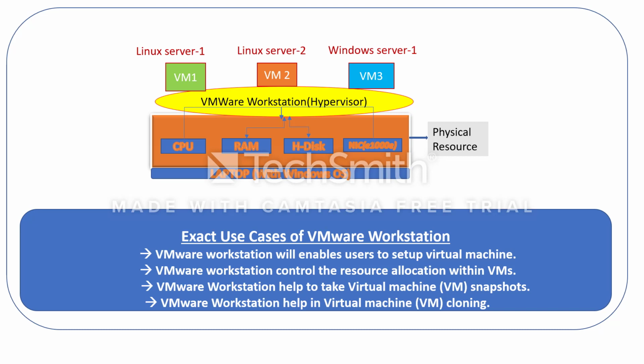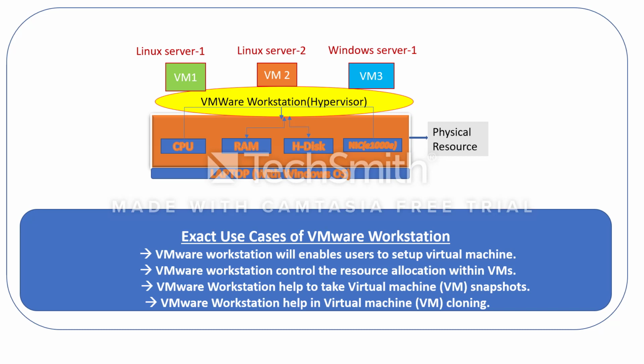So the answer is we cannot install various operating system on a physical machine or any laptop until you don't have any hypervisor. Here VMware Workstation is a hypervisor which is type 2 hypervisor. Don't worry, I will explain you in my next video what is type 1 and type 2 hypervisor and why it is used. So this will explain you in my next video where we will install ESXi server.